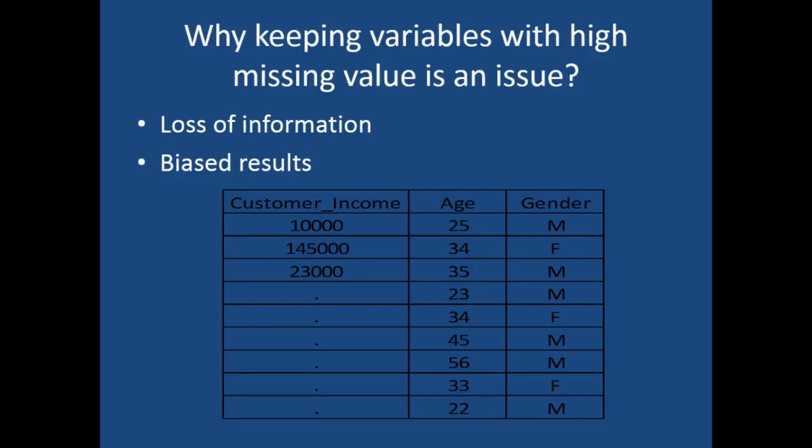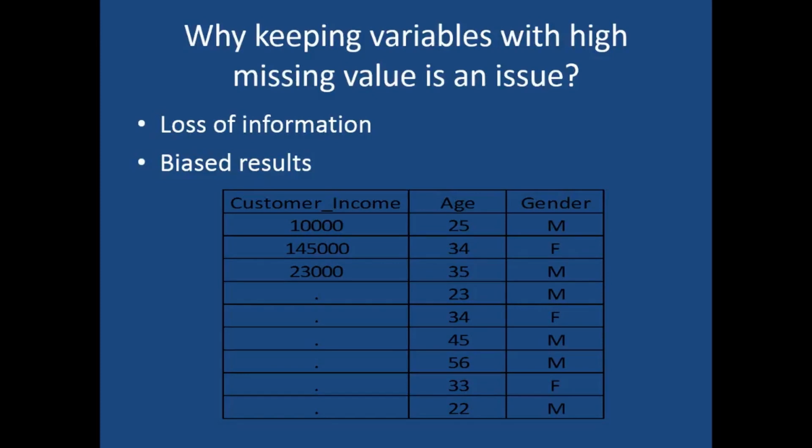In other words, the entire row corresponding to the missing value of customer income will be dropped from the analysis. Now we'll be losing information if that happens. That can potentially give us biased results.